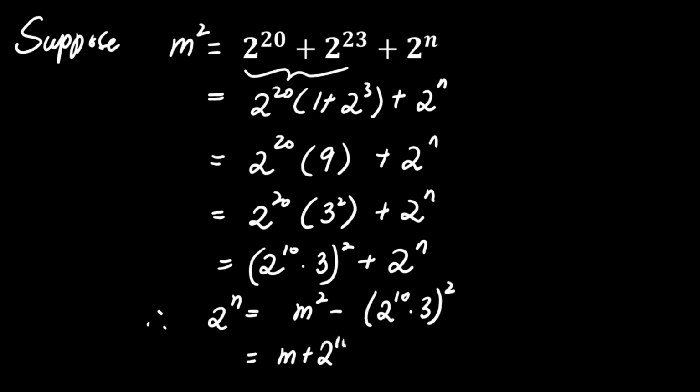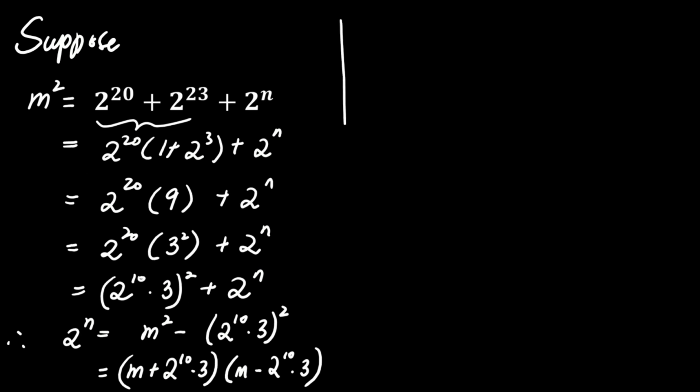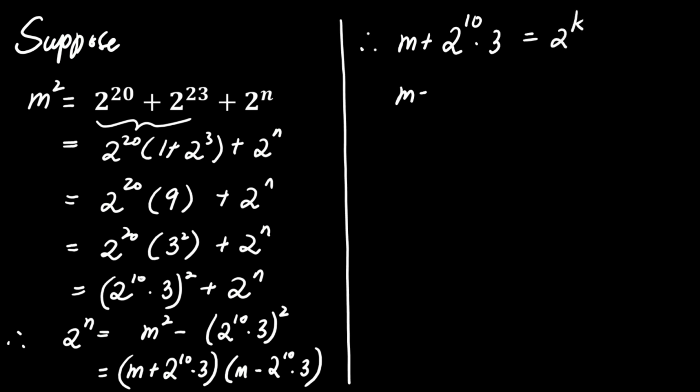Apply the formula a squared minus b squared equals a plus b times a minus b. Hence, we may let m plus 2 to the power of 10 times 3 be 2 to the power of k, and m minus 2 to the power of 10 times 3 be 2 to the power of n minus k for some integer k where k is greater than n minus k.